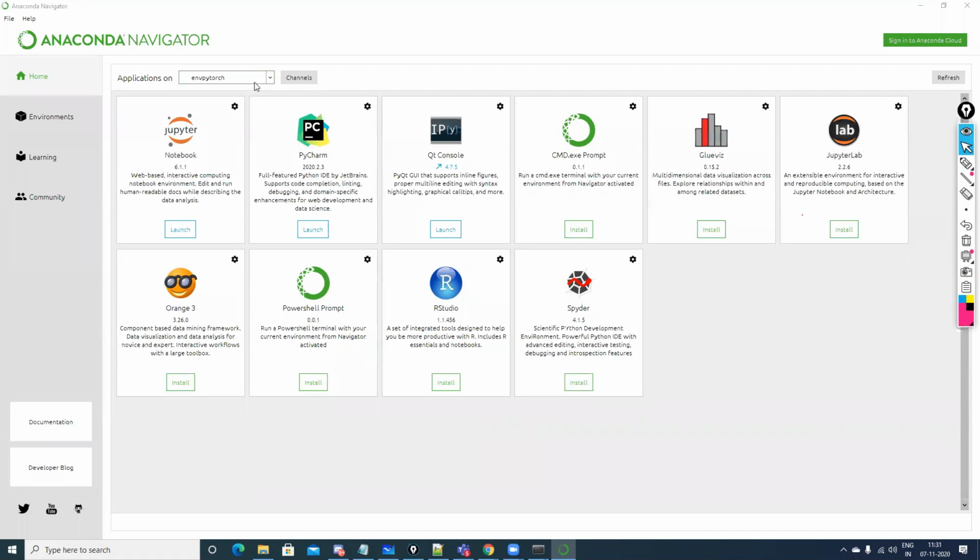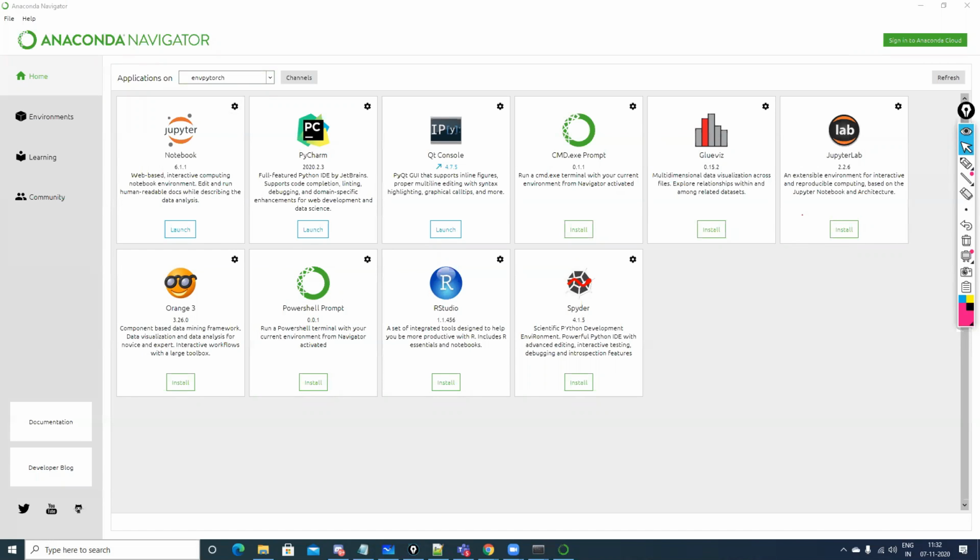Okay, now I have gone into my env PyTorch. This is the environment which I created for PyTorch. And in this environment, whenever I launch Jupyter Notebook, I will only be able to play with this particular environment's libraries. Whatever libraries I've installed in this environment, I'll only be able to access those libraries in this specific environment.